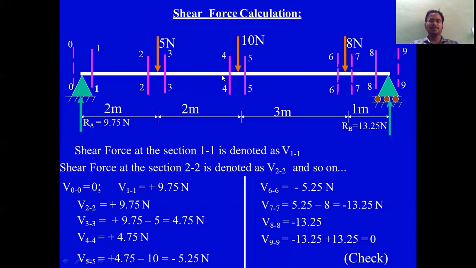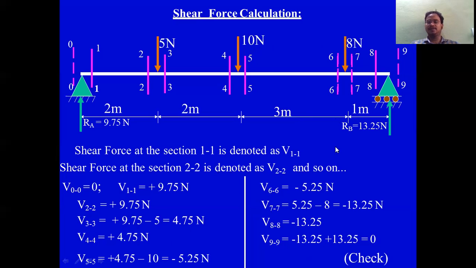So the point of contraflexure will be at this point only, somewhere between the 5 and the 10, or between the 10 and the 8, we will find the point of contraflexure, or inflection point.